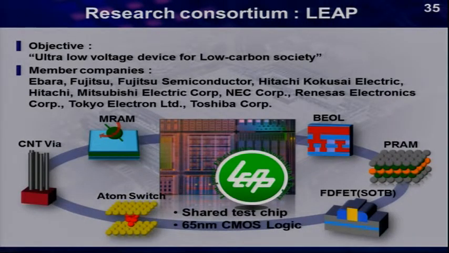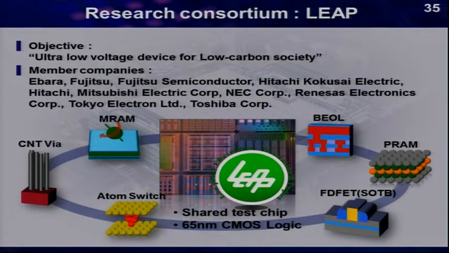Okay, before conclusions, let me introduce our research consortium. Our objective of LEAP is ultra-low voltage device for low-carbon society. Our research consortium has several groups to develop the back-end devices.